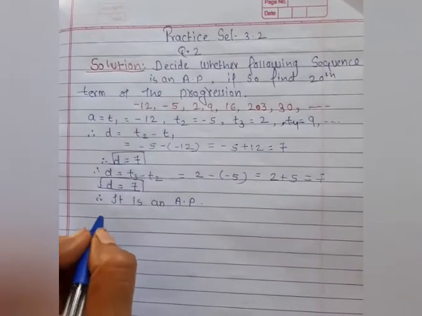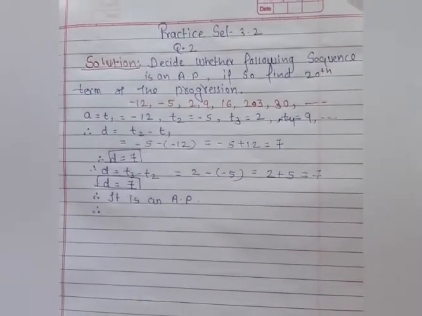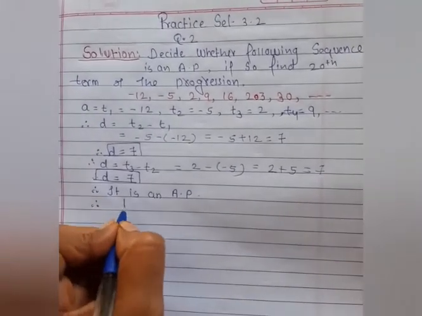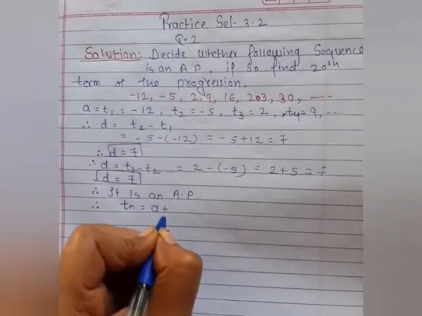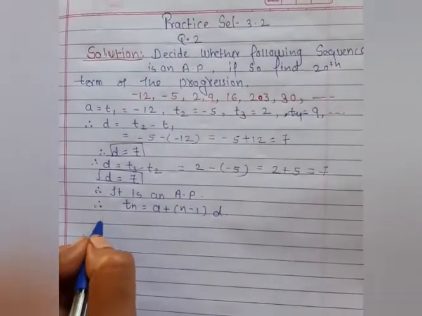How to find it? When we have a question to find the 20th term, students, we have the formula to find any term, that is Tn is equal to a plus n minus 1 into d. Clear?